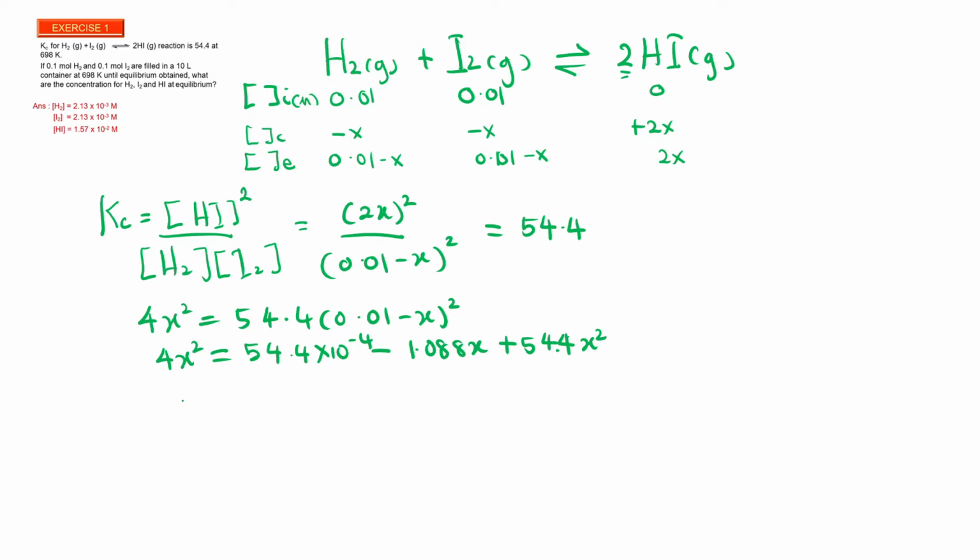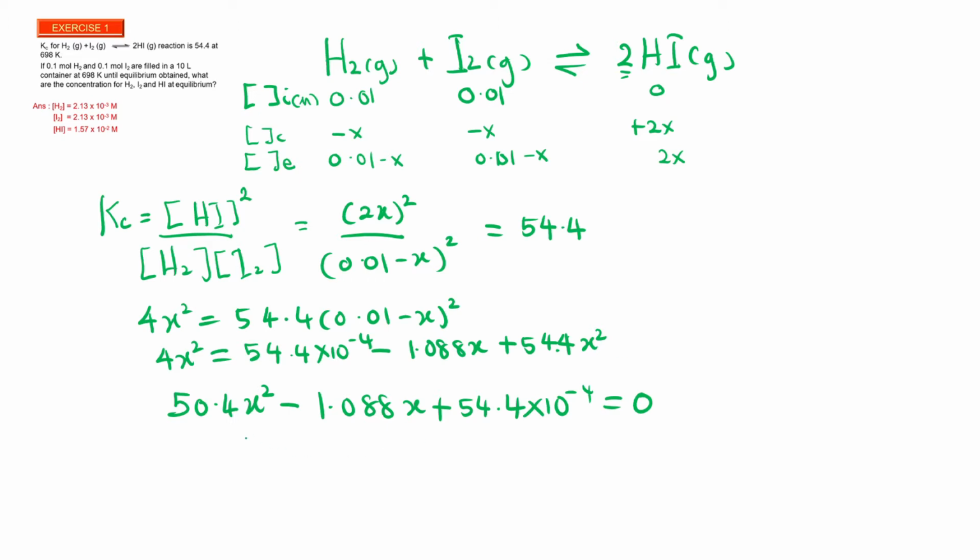When we rearrange, 54.4 minus 4 becomes 50.4x squared, minus 1.088x, plus 54.4 times 10 to the power of negative 4, equal to 0.